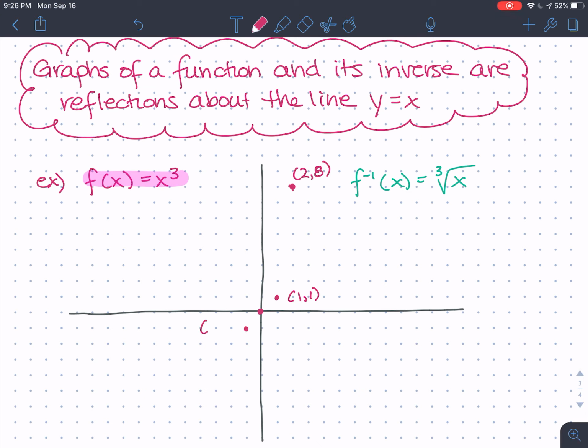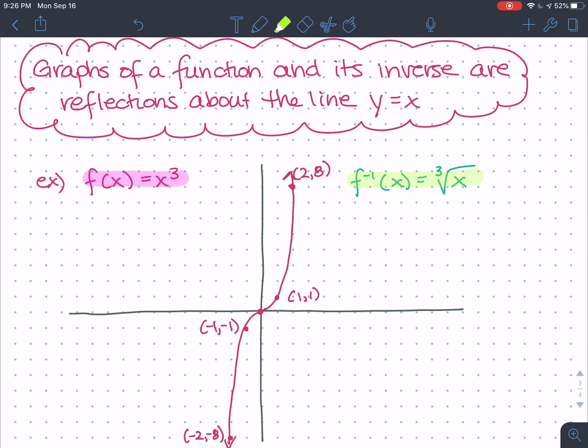Also negative 1, negative 1, and negative 2, negative 8 is also on there. And there's what the graph looks like.